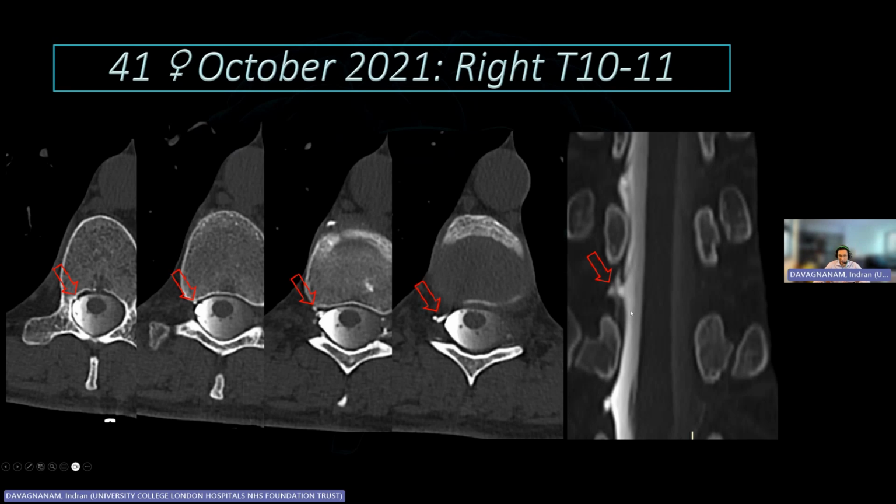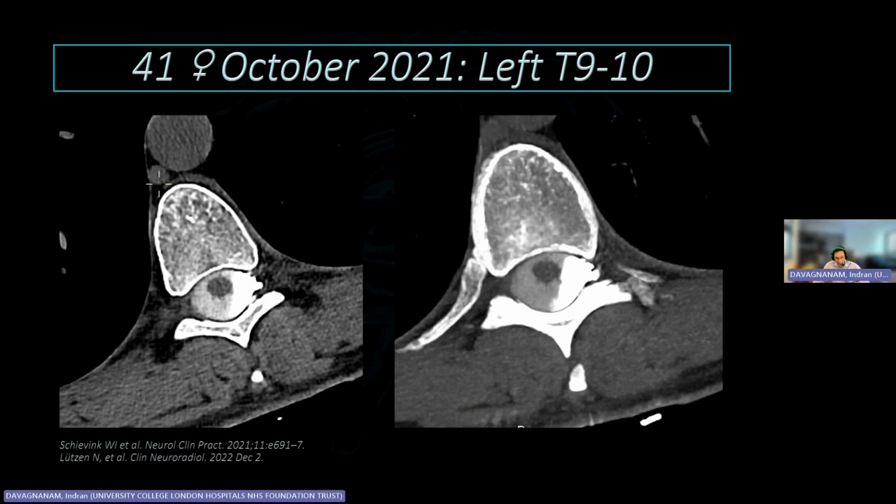So in addition to the two potential type 2 leaks, we had a potential CSF venous fistula as well. And on the contralateral side, even more subtle. When we turned to the left side, we could see these little filling vessels on the left T9-10, complex meningeal diverticulum.